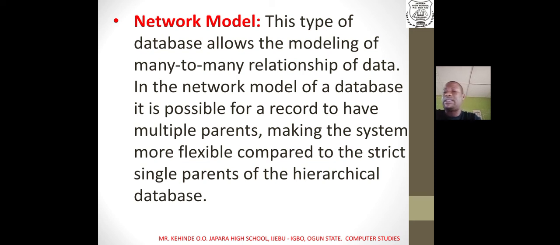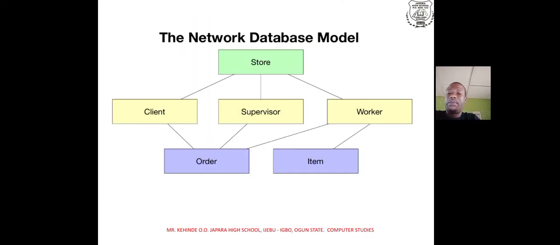As we can see, a typical example of a network database model has a store, with the client linked to the store, supervisor linked to the store, worker linked to the store, items, orders, everything still linked to one another.